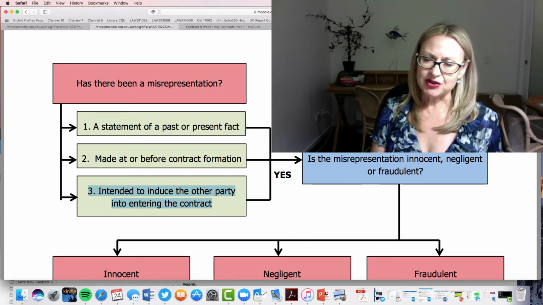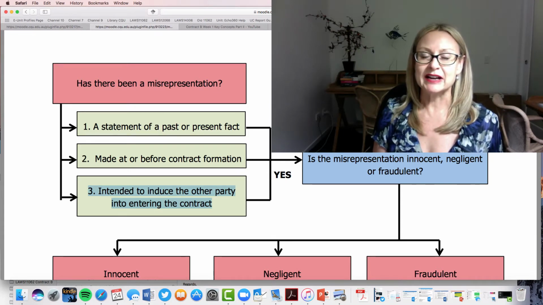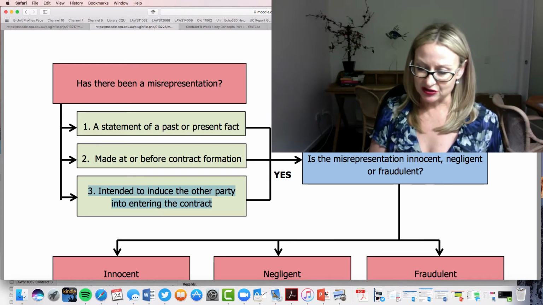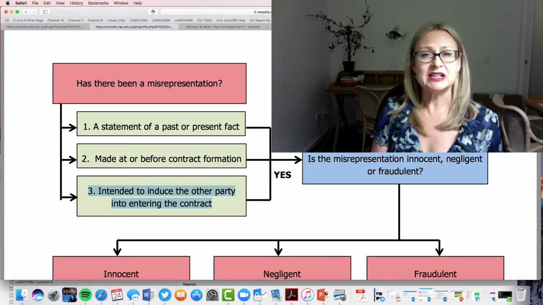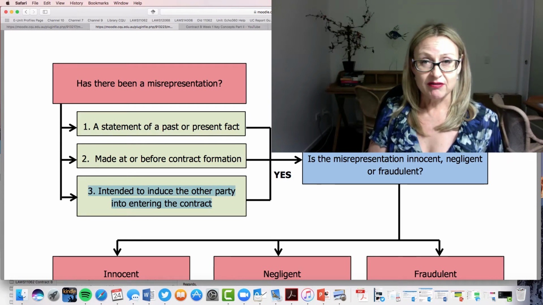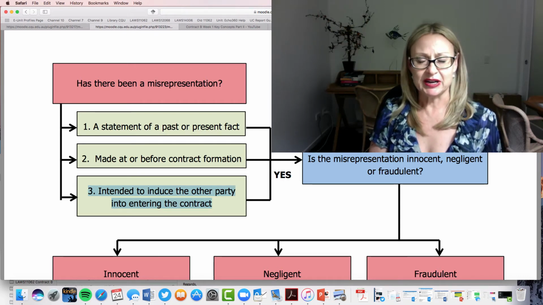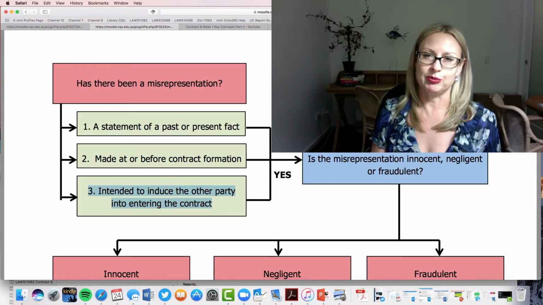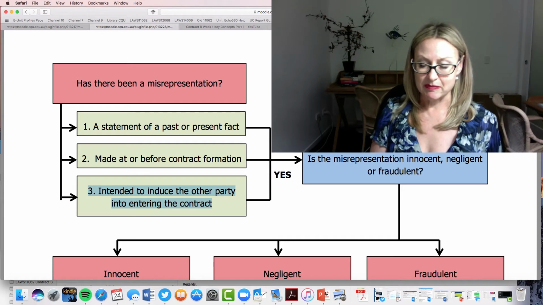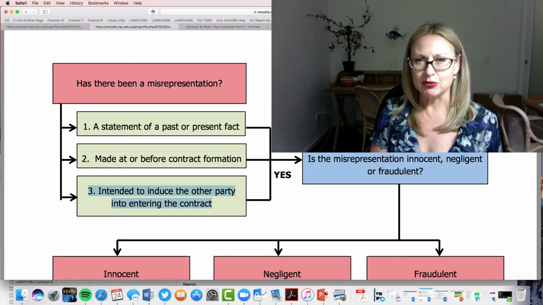Now, in Gould and Vagelos, the High Court did actually say that where the misrepresentation was made and it was calculated to induce, it was intended to induce entry into the contract, and then the representee goes ahead and enters the contract, there is a fair inference of fact that there had been sufficient inducement and reliance to pin the problem on the misrepresentation that was made. So that is the issue of reliance by the representee.